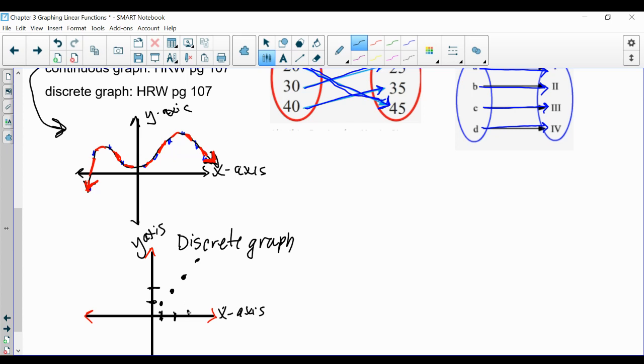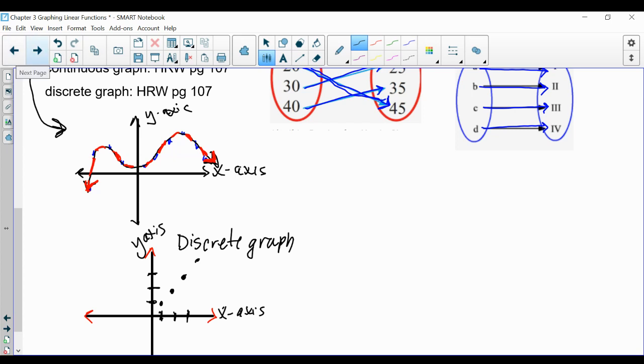Say I have $3, I can buy 3 cupcakes. I have $5, I can buy 5 cupcakes. You don't buy half a cupcake, hopefully not. So it only ends up with whole numbers. This is why it is called a discrete graph. You do not add the line.